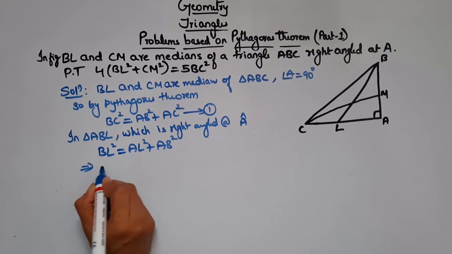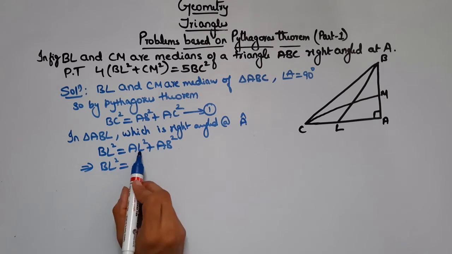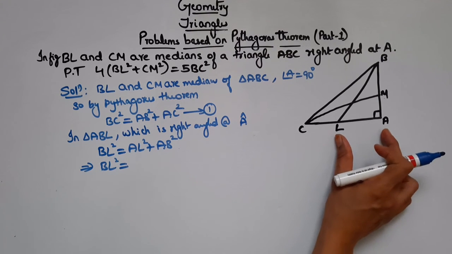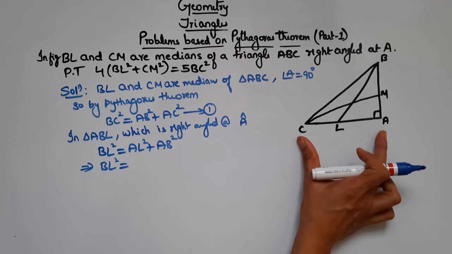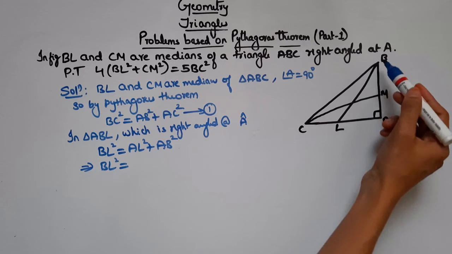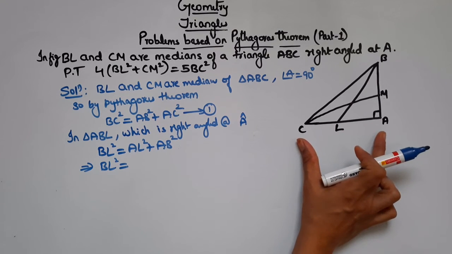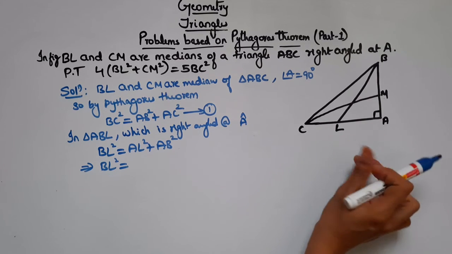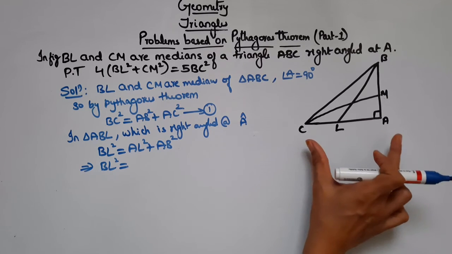So this implies BL square is equal to AL square. Now you can write AL as half of AC, since we know BL is a median, this median divides AC equally, right? So therefore we can write AL as half of AC.